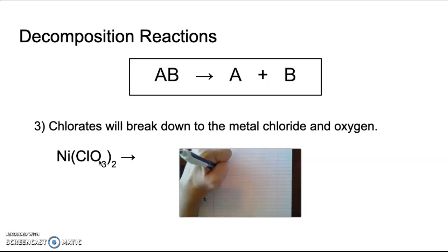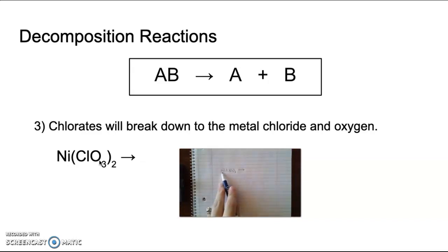So if we've got nickel chlorate, we're going to do something similar to what we did to figure out the formula for the metal oxide. So our metal is nickel here. And I can tell because I've got 2 chlorates here and each chlorate has a -1 charge that my nickel had to have a +2 charge to balance out those 2 chlorates.